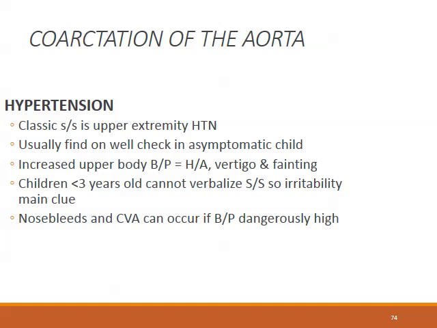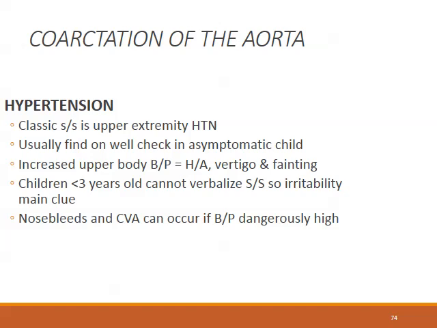You also see hypertension, so the classic sign and symptom is upper extremity hypertension. Usually you'll find it on a well check in an asymptomatic child. The increased upper body blood pressure will have an effect.